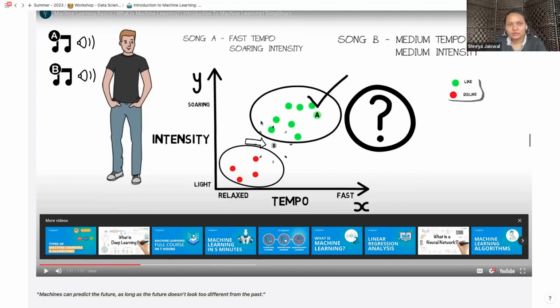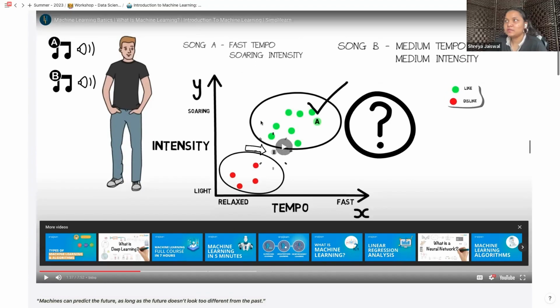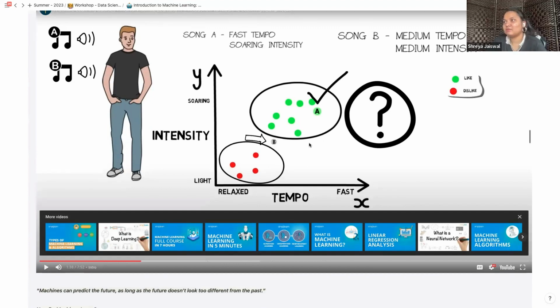So in future, if a new song is released which meets these factors, then we can say that this new song is of more interest to Paul. But if a comparatively relaxed and calm song is released, then that would probably not be of Paul's interest.